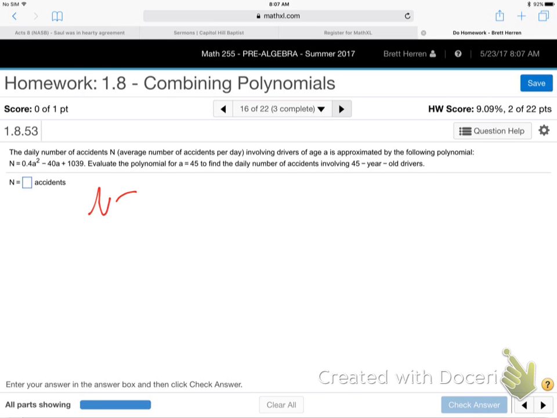So let's try that. So it's N equals 0.4A squared minus 40A plus 1039. So what do they want me to do on this problem?